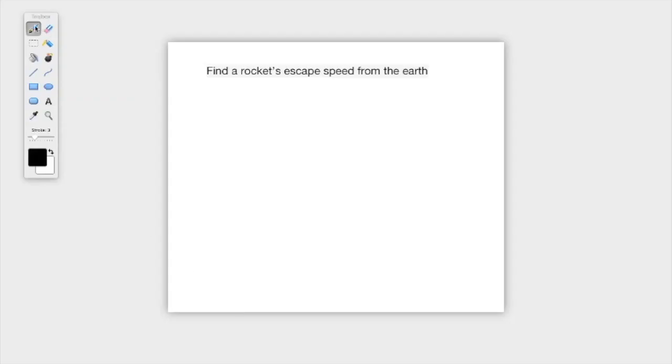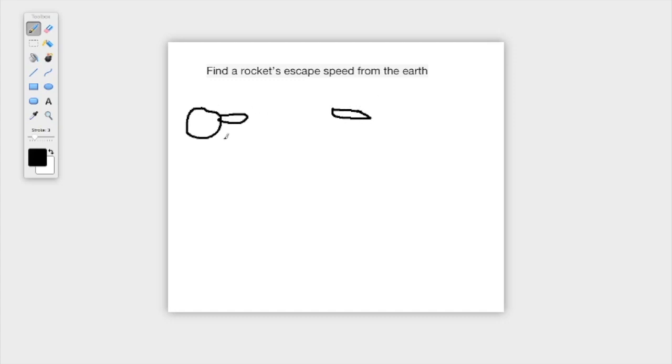Alright, so next we're supposed to find something called the escape speed from the Earth. Let me just draw a representation of that. Say our rocket's right here, and then it escapes the Earth's atmosphere.